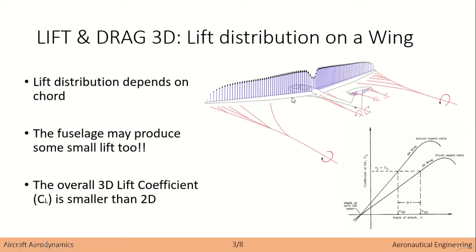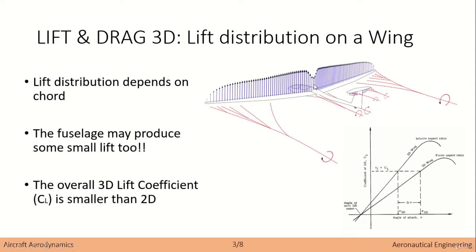So in general terms, as we saw before, the lift is a function of the surface. If we describe the lift as a function of the position on the wing, we will see that those parts which have a bigger chord will also have a higher lift. So this is the distribution of a normal wing.